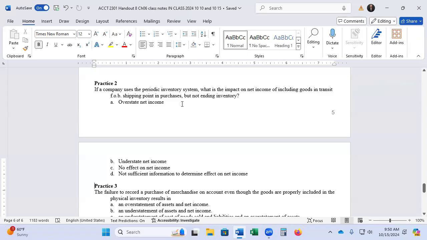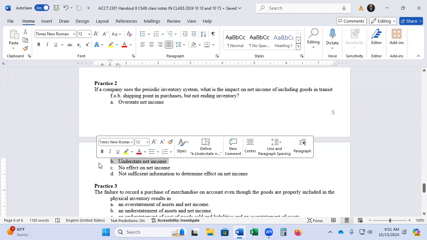So here we have a slightly different case, right? Our purchases should be accurate because it's FOB shipping point, right? But we didn't include it in the inventory. And so here we understate net income.